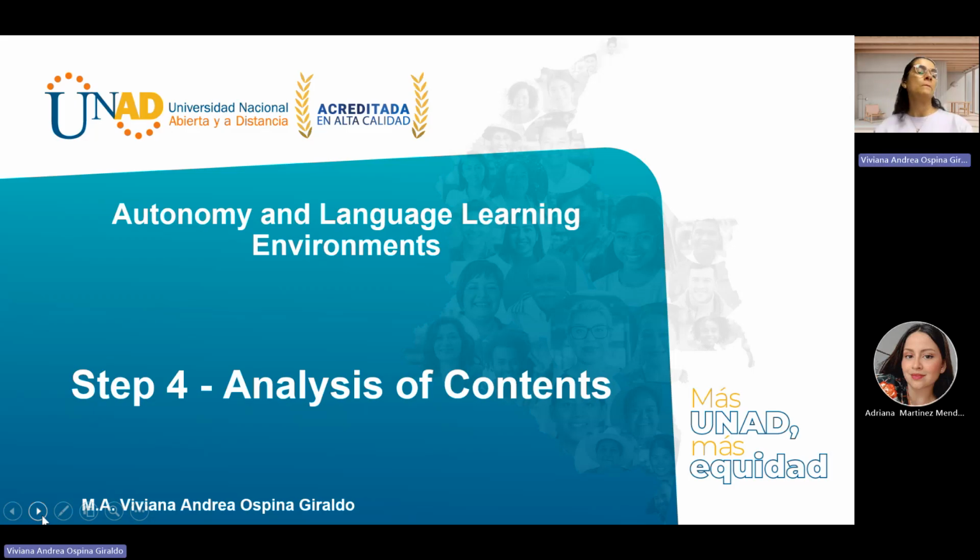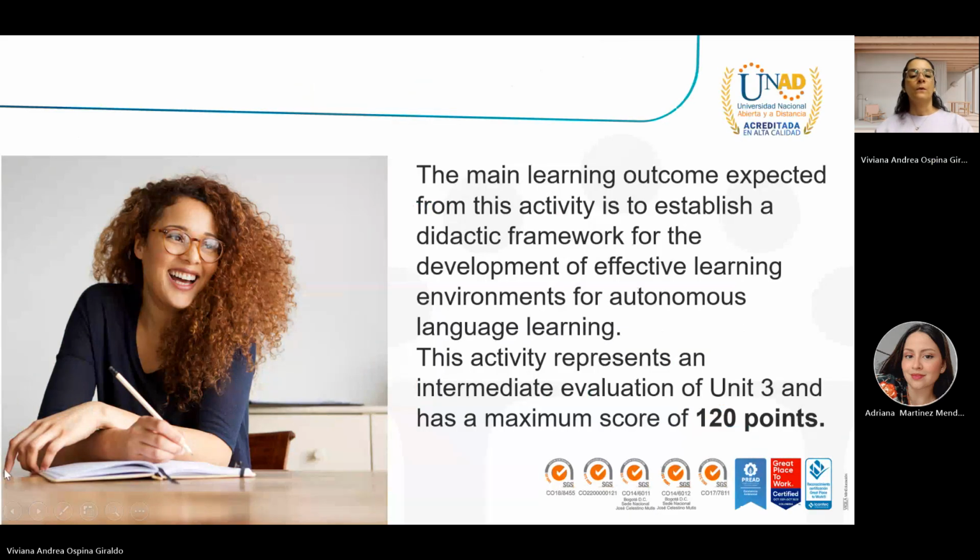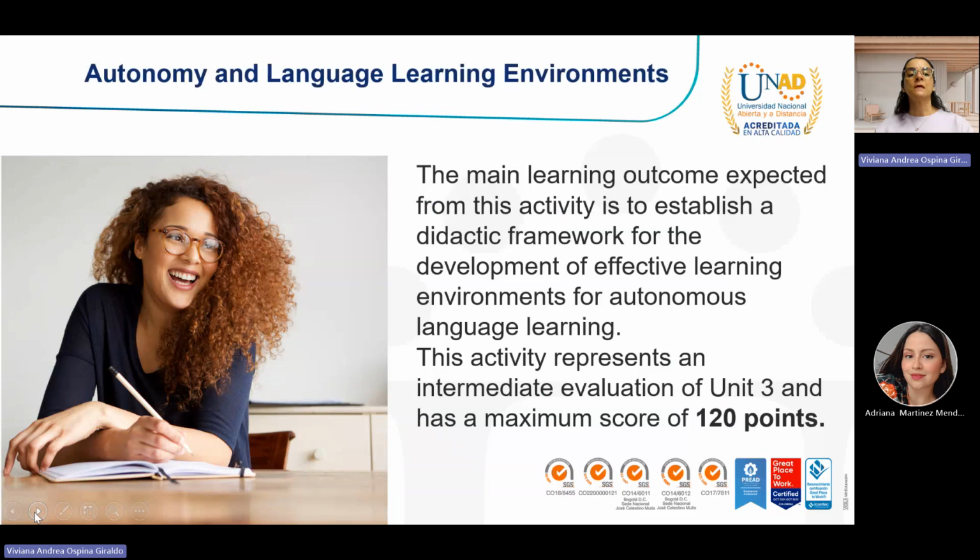if the slide changes. So we are working now on step 4, analysis of content, and it is about unit 3 of our syllabus. So what is our main purpose here?